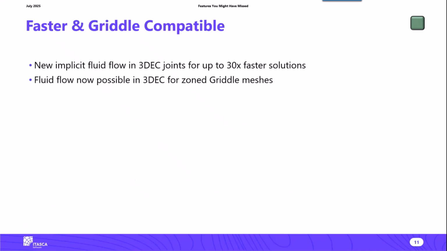In terms of 3DEC, we added the implicit fluid flow logic in 3DEC joints and are seeing up to 30 times faster solutions. It is also possible to do fluid flow analysis in 3DEC for zoned Griddle meshes. These are models that you have created a grid for through Rhino and Griddle.